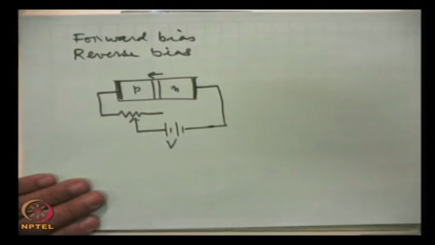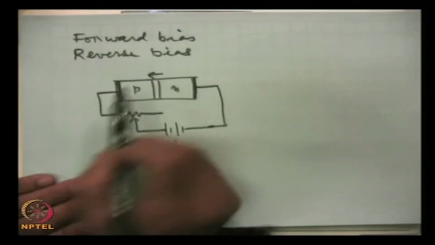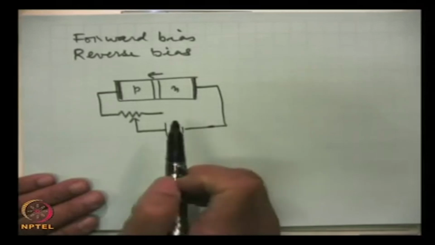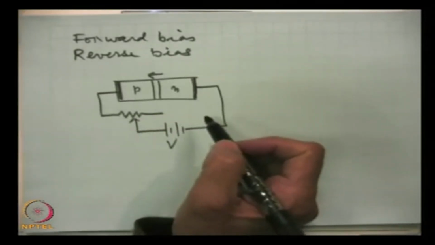If you look at the earlier notes, you will find that this is the direction of the built-in field. You know what field is? Field is voltage per unit length of the specimen. So, the two are directly proportional, they are related.